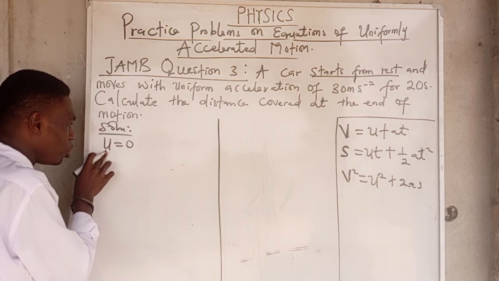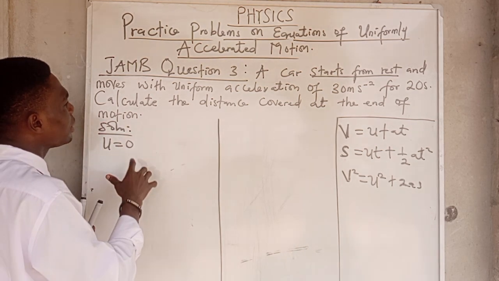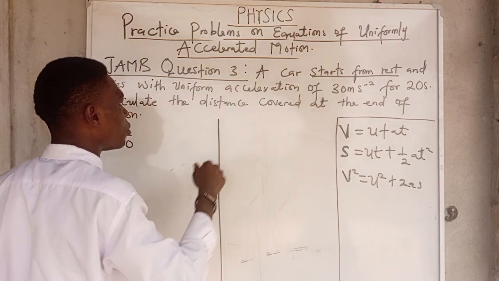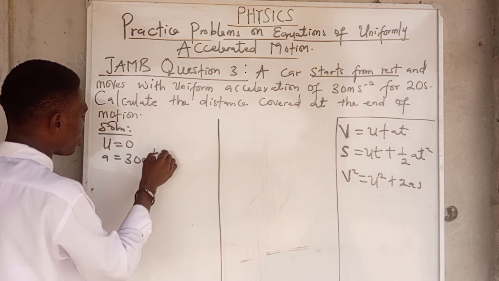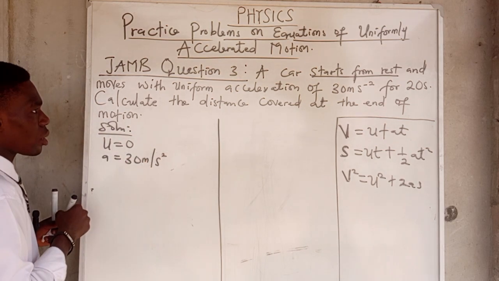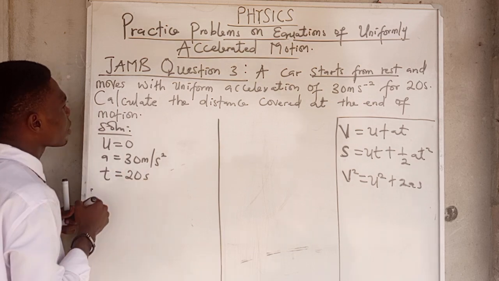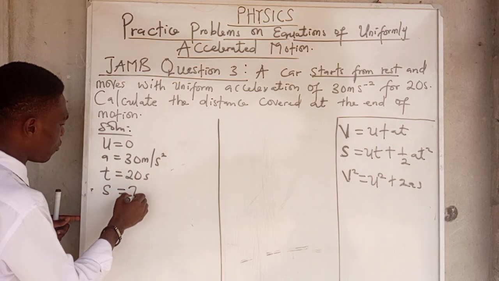Initial velocity u is equal to 0. Are we together now? And it moves with uniform acceleration of 30 meters per second squared. So a is equal to 30 meters per second squared, for 20 seconds, and of course anything in seconds means time. Then we are asked to calculate distance, and distance is s. We are looking for it.